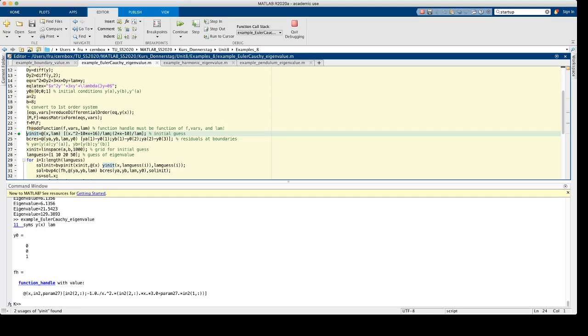Now we can define the function handle that computes the initial guess of the solution. This also may depend on lambda. I have chosen the following.